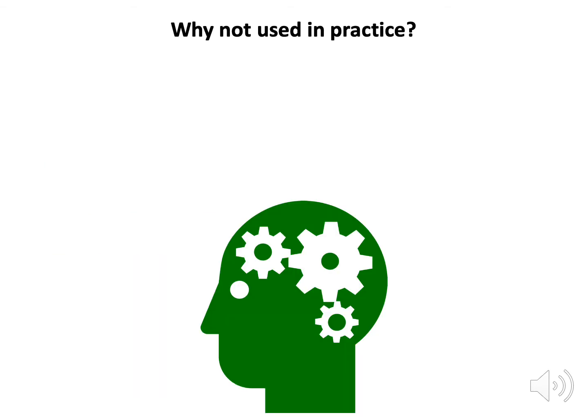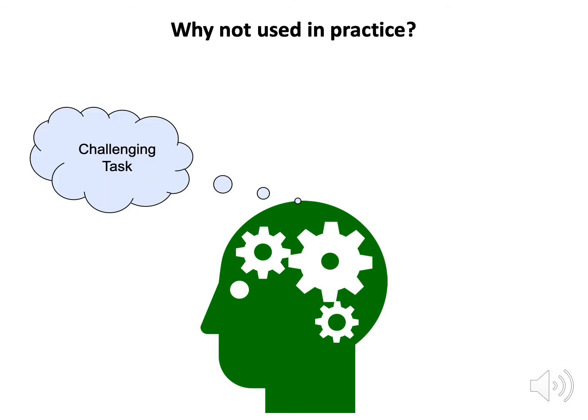So with this being such an important and relevant task, why don't we see it in practice? We sat down, we brainstormed, and we found that there were a few reasons behind why we don't see this used in modern day systems. First off, it's a challenging task, as you would imagine.